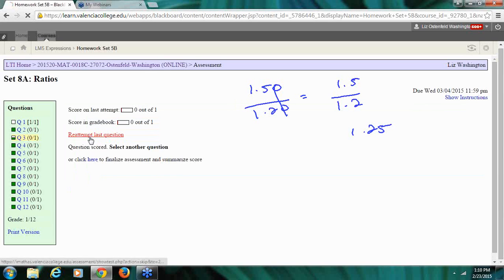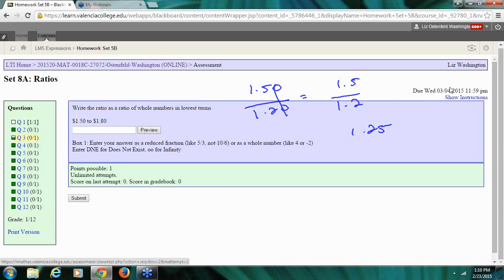Nope, it wants me to leave it as a fraction. So let's see. This time they gave us 150 over 180, cross those out, 1.5 and 1.8. Actually could divide those both by 3.